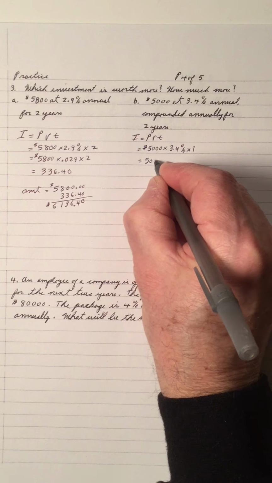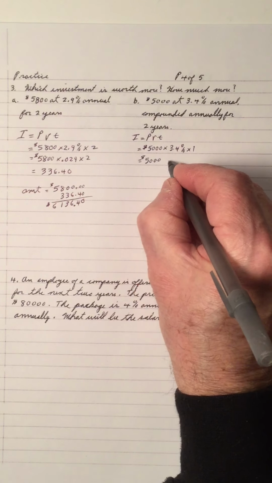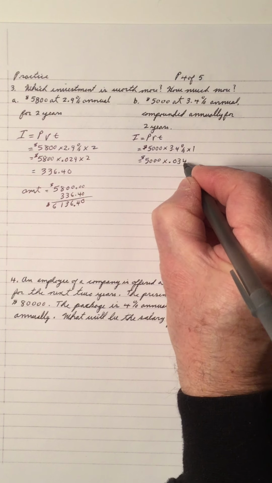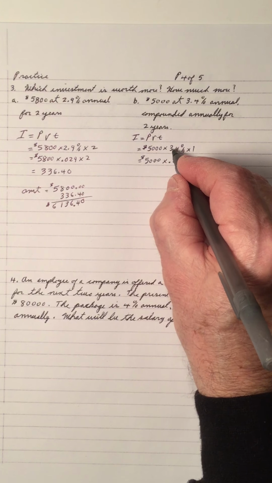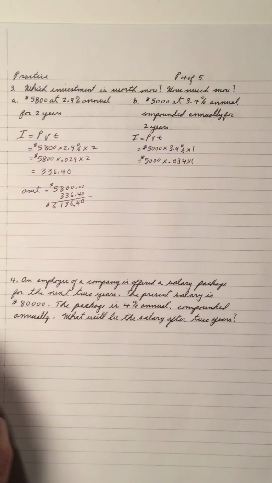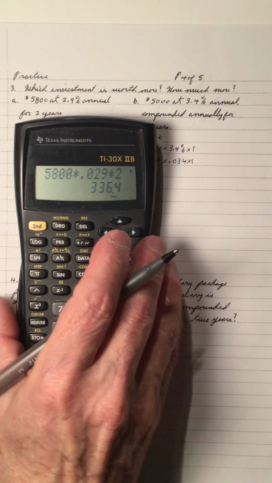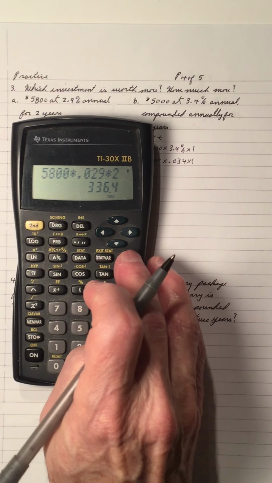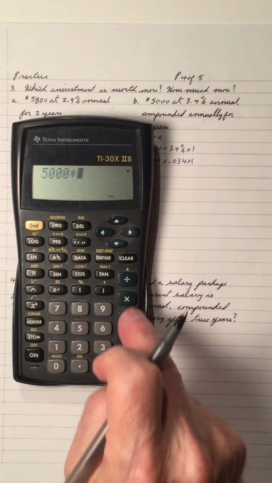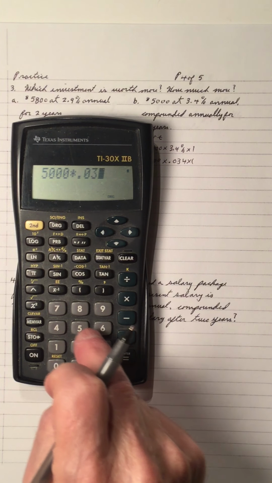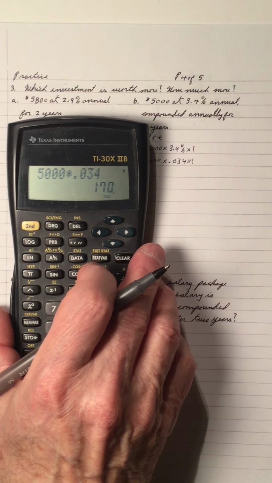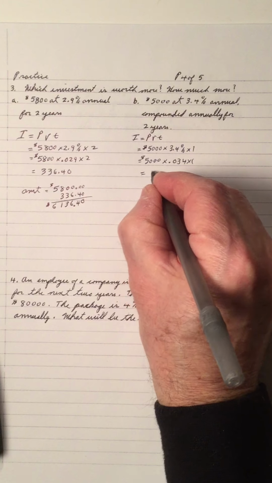So that's $5,000, and the interest is decimal 0.34, percent to a decimal moves 2 places to the left, times 1. So I have 5,000, let's see, clear the calculator, 5,000 times 0.34, and I get $170 in interest.